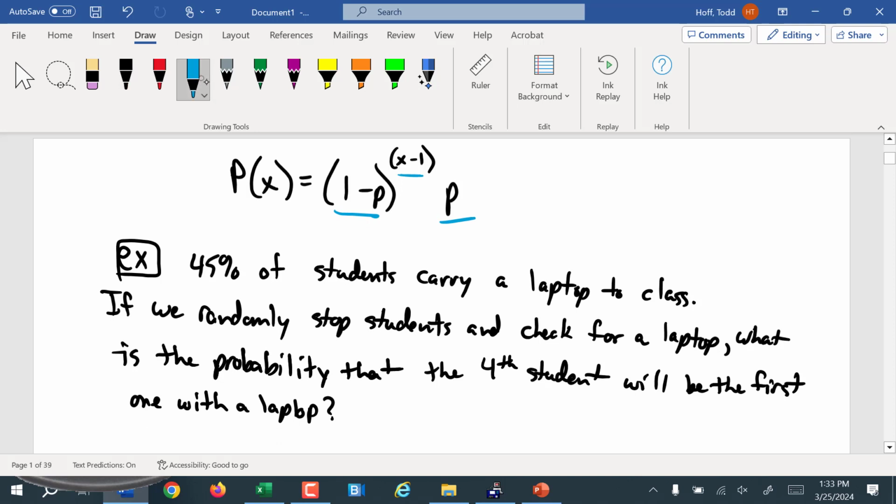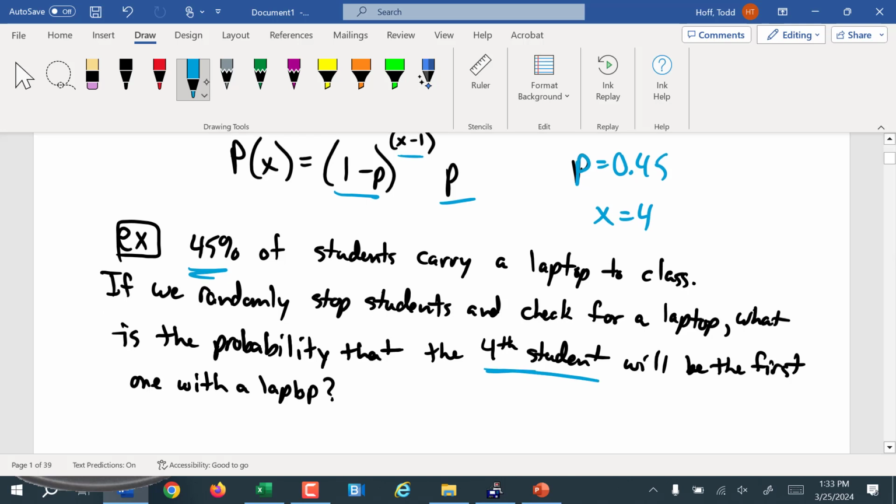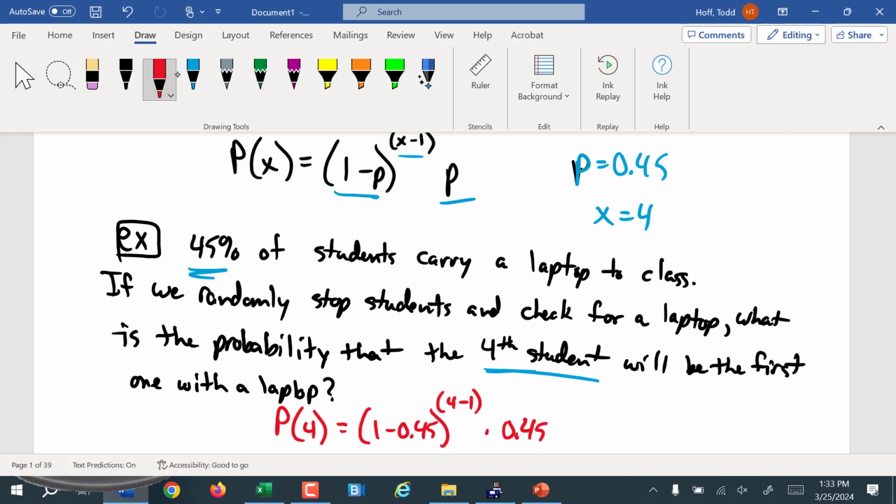So P, probability of having a laptop, is 0.45. That's from the 45% here. X is 4. We're asking the fourth student to be our success. So the probability here of 4 is equal to (1 minus 0.45) to the power of 4 minus 1, which is 3, of course, times P of 0.45.